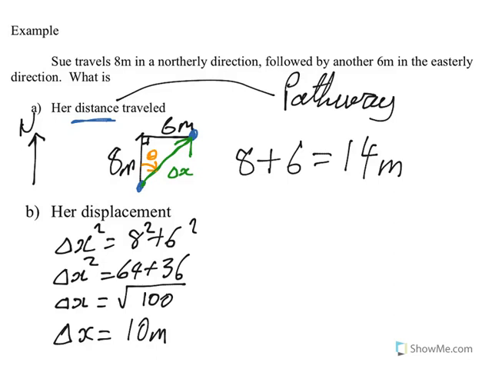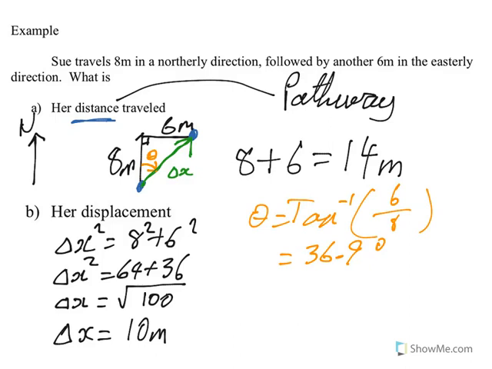Alright, the angle bit. Well, the angle is that orange one there, and we've got the opposite, the 6 metres, and the adjacent. So to find the angle, we'll do tan minus 1, because tan is opposite over adjacent, 6 over 8. And when you put that in your calculator, you get 36.9 degrees.